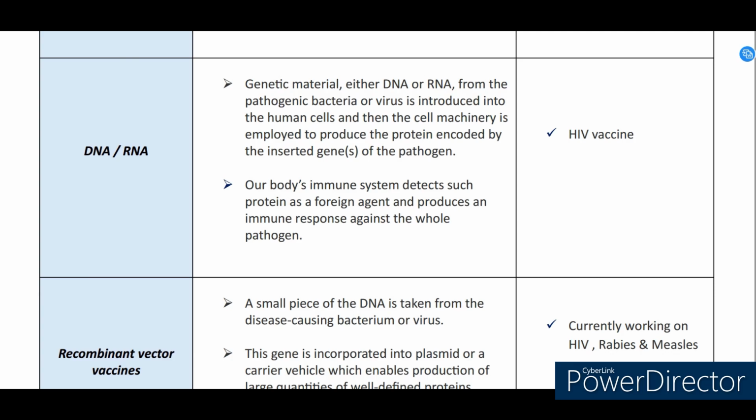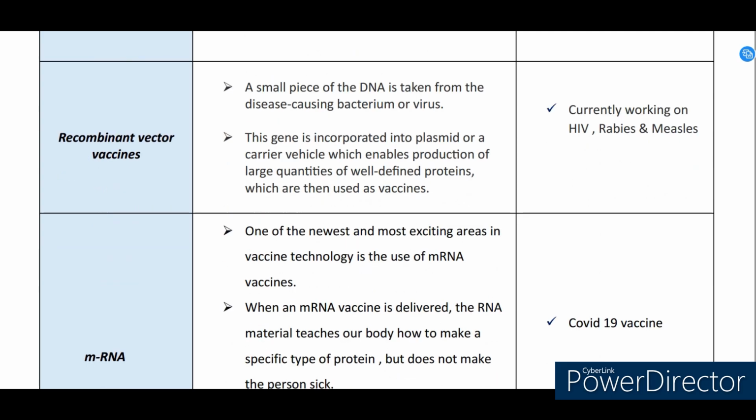Examples include HIV vaccine. Next is recombinant vector vaccines, where a small piece of DNA is taken from the disease-causing bacterium or virus, and this gene is incorporated into a plasmid or a carrier vehicle, which enables production of large quantities of well-defined proteins, which are then used as vaccines. Examples include HIV, rabies, and measles.